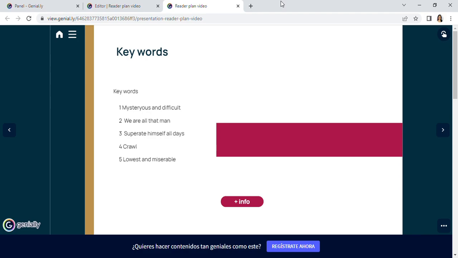And that people below, they are saying that they are in the lowest and miserable human condition. Lowest and miserable are two keywords that made us understand the concept of the text.